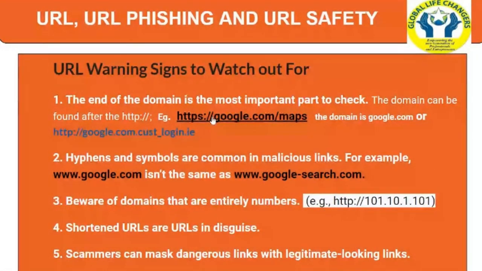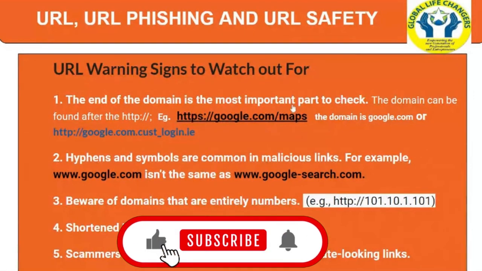Check this one and watch out for things that do not belong. So you seeing google.com does not mean that the information comes from Google. No, you can be misled. Though it's a bit complex to understand, let's take note.